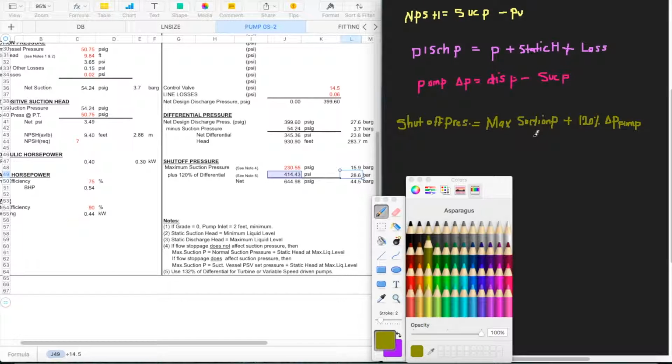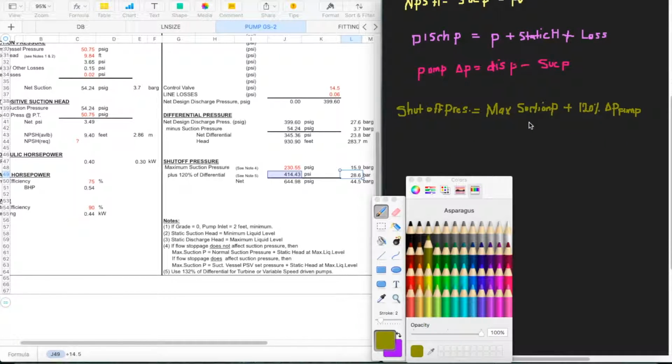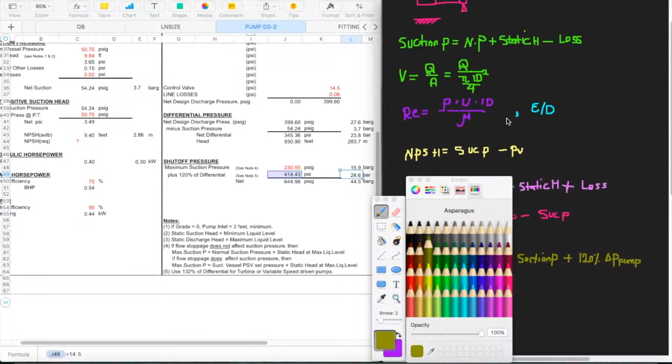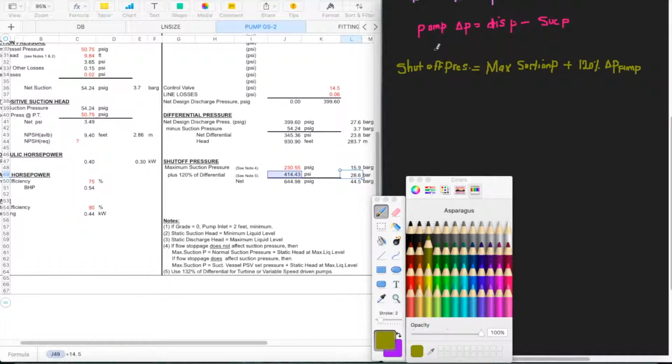This suction pressure is different from the suction pressure that we calculated usually because this is maximum suction pressure. It means that in our tank, if we want to calculate the maximum suction pressure, there is another level here which is the high liquid level. And this maximum suction pressure is calculated based on that high liquid level, not the low liquid level.